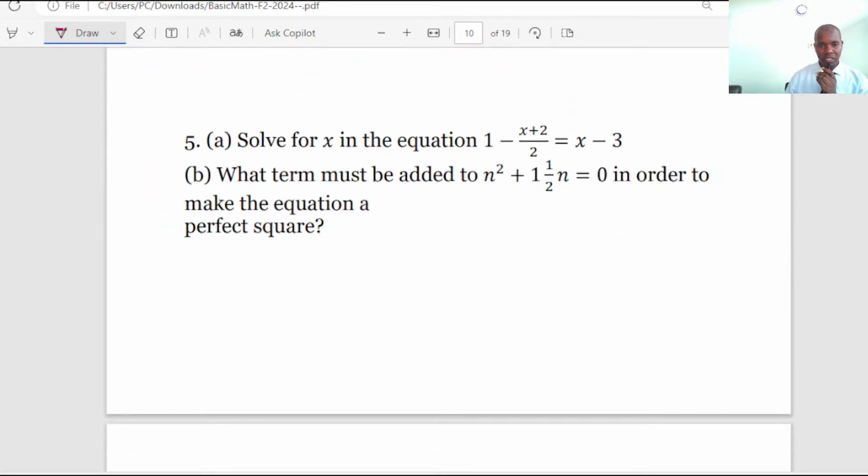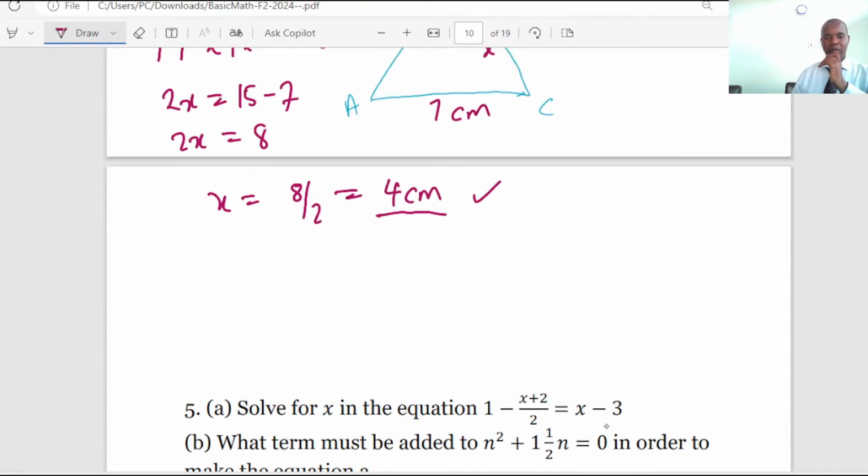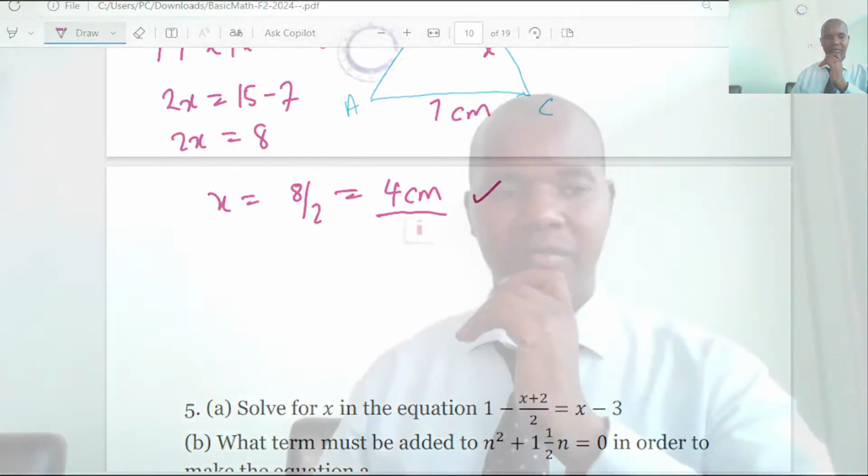We jump to question number 5A. By the way, students were awarded 5 marks again in this part of isosceles triangle.